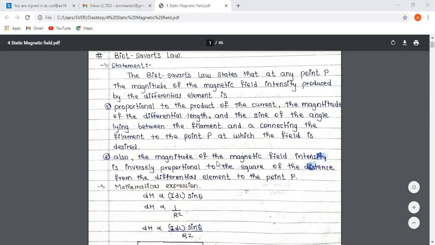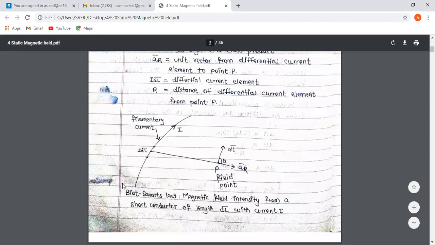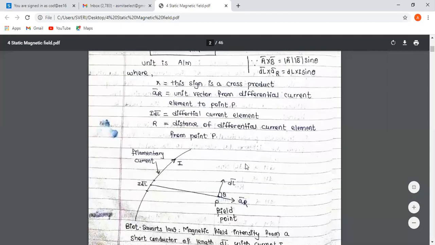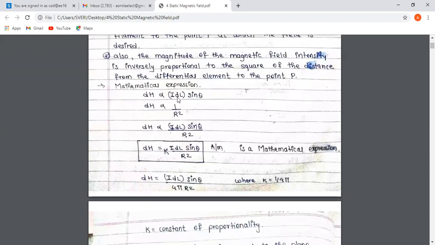Just see here, that filament is shown. One point P is considered somewhere near that filament, and we consider the differential length of this filament, that is dl bar, and the current flowing through the filament is I. If we want to find the magnetic field intensity at point P due to this filament, it is given by dH bar. dH is proportional to I dl sine theta, and it is also proportional to 1 upon r square.